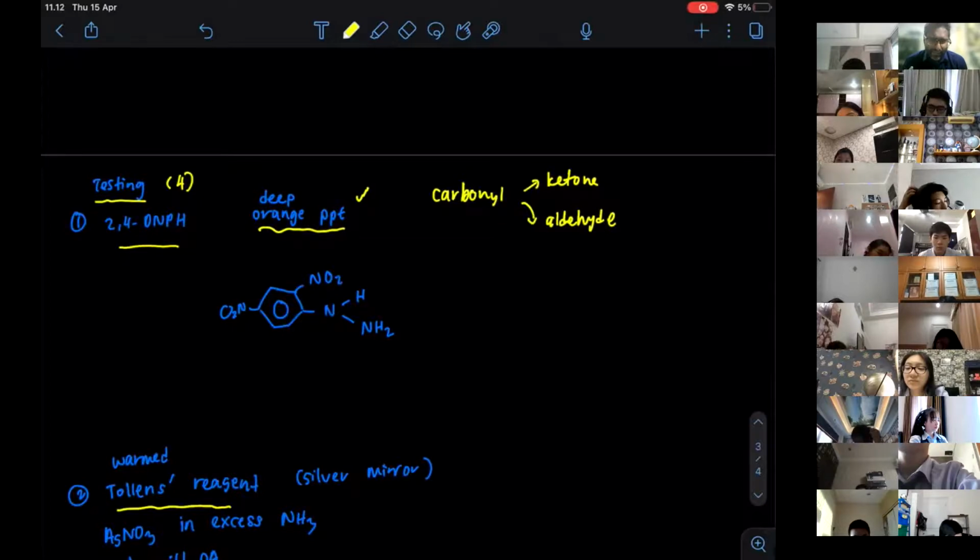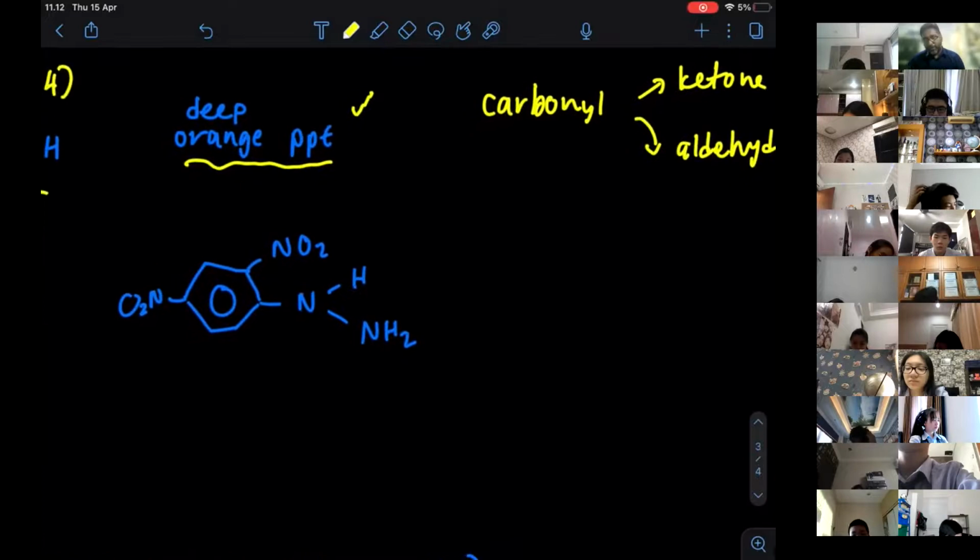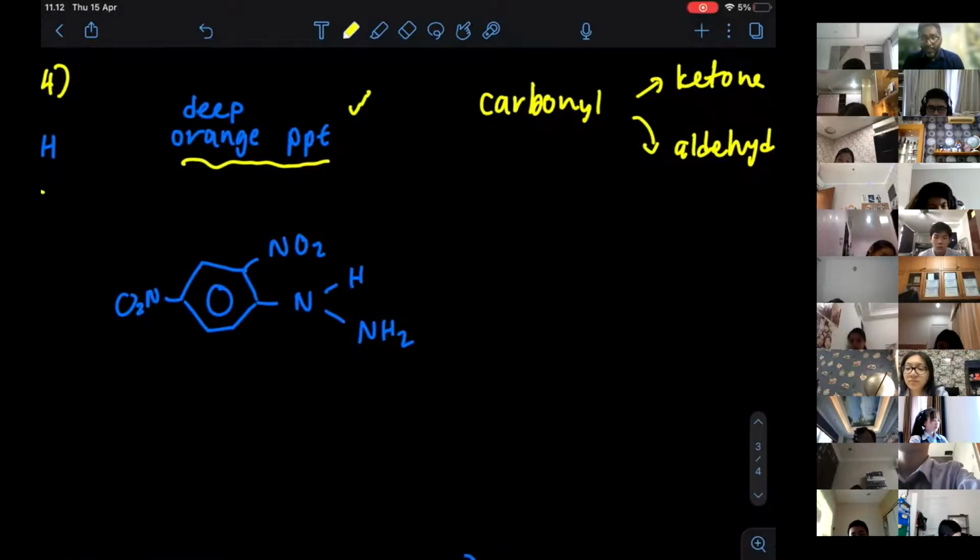Now, you must know how to draw 2,4-DNPH. I will draw it again for you. This is going to be a benzene. Later in A2, in JC2, you will learn more detail about this.